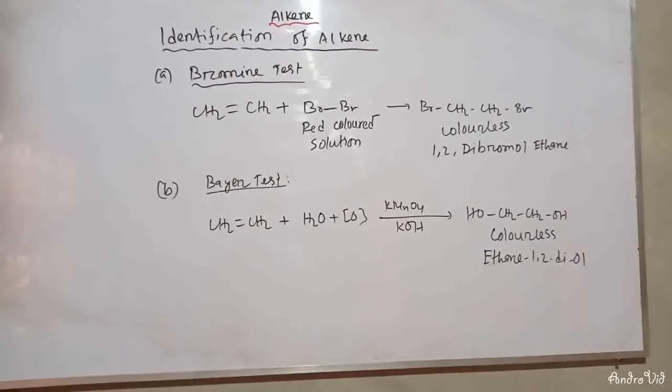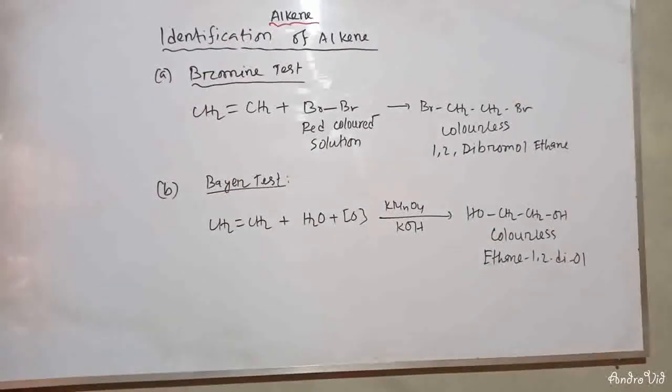So dear student, now the identification of alkene: basically these are the bromine test and the Baeyer test. These are the tests of unsaturation. They are applicable both in the case of alkene and alkyne. I have already discussed alkyne. Now I would like to discuss alkene.